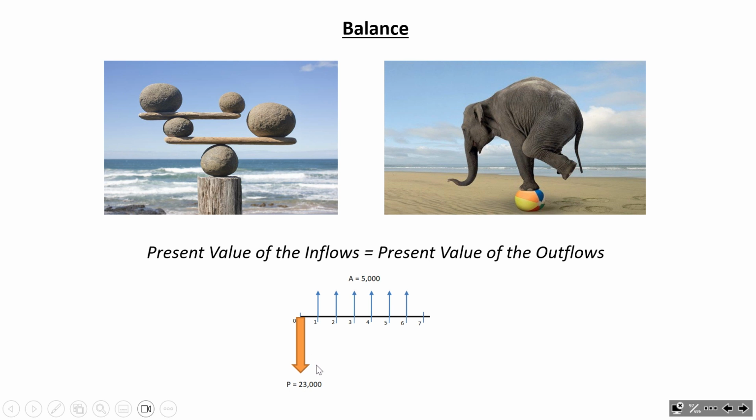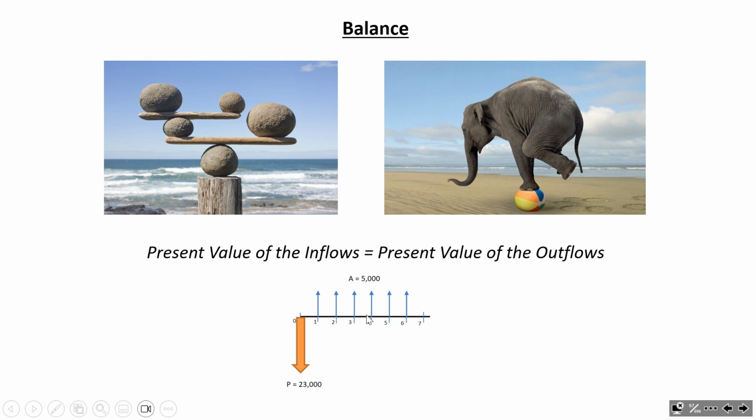So what I'm saying is we can, in our note, our kind of shorthand for summarizing problems, remember when we put statements in parentheses, 23,000 is equal to 5,000 when you find P given A at some unknown interest rate and for n equals 6.